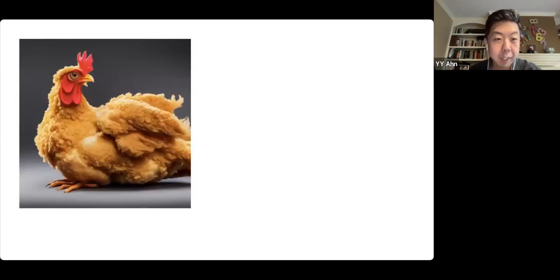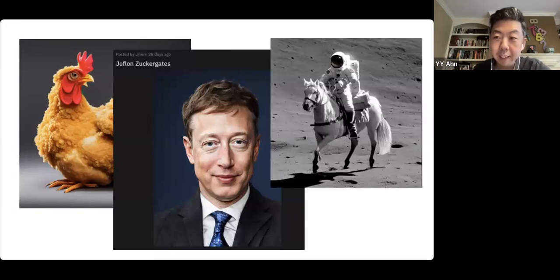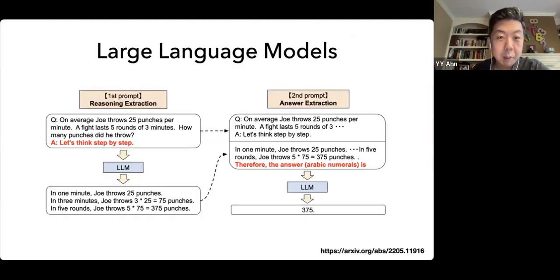I don't need to tell you about what we are in right now, this whole revolution of AI methods. It's really good at generating amazing pictures, and it's not just pictures, but also text. Large language models, for instance, have some capacity to reason through problems.